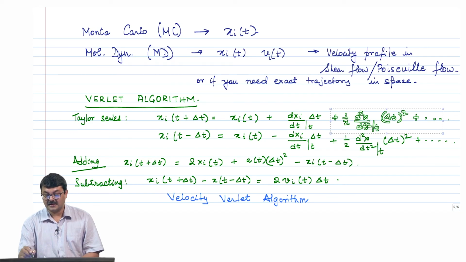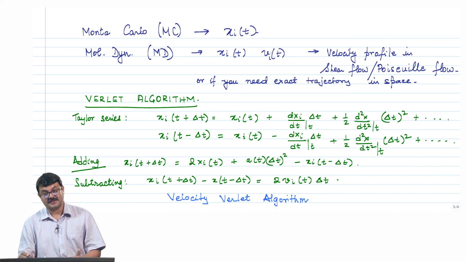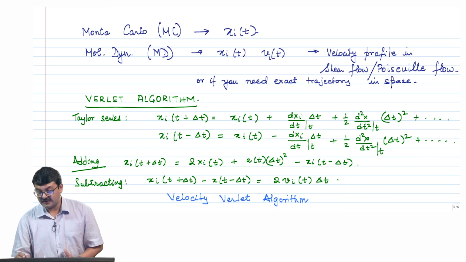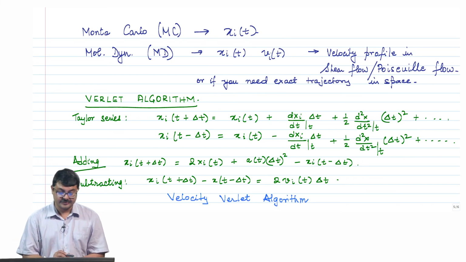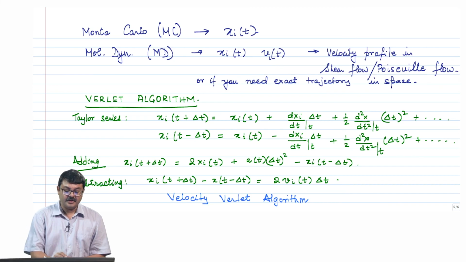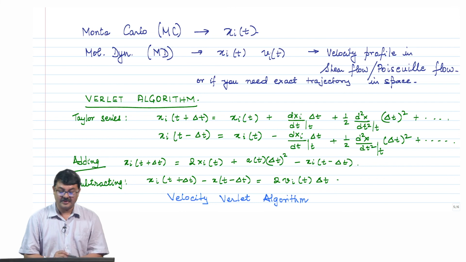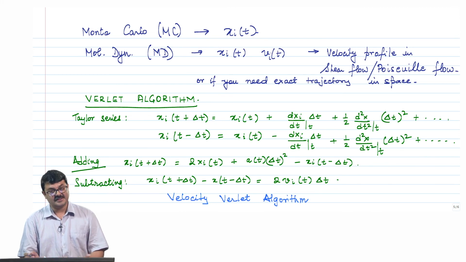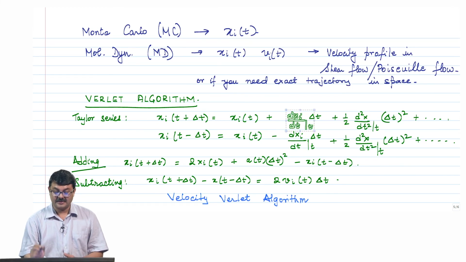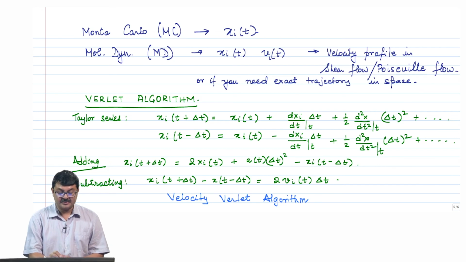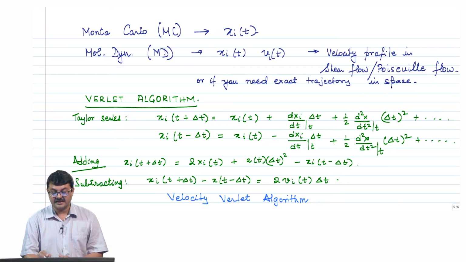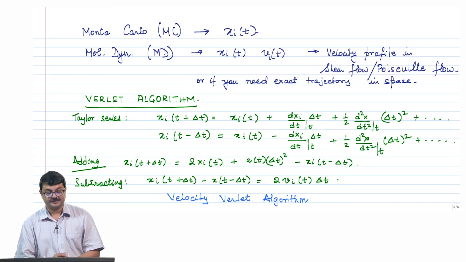So, this is nothing but the acceleration. Acceleration can be calculated from the force, times delta t whole square, plus higher order terms, right. Similarly, you can write x_i at t minus delta t, at the previous time, as x_i(t). You are doing just a Taylor series expansion, nothing more than that, but of course, this term is nothing but the velocity, this term is nothing but the acceleration, and if you have x at t minus delta t, the only difference is that you have a negative sign here instead of a positive sign. The other terms remain the same.